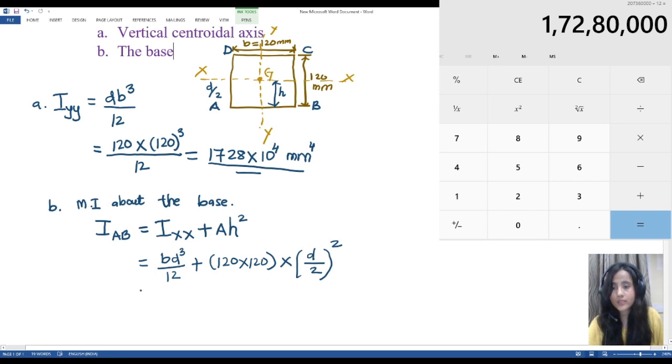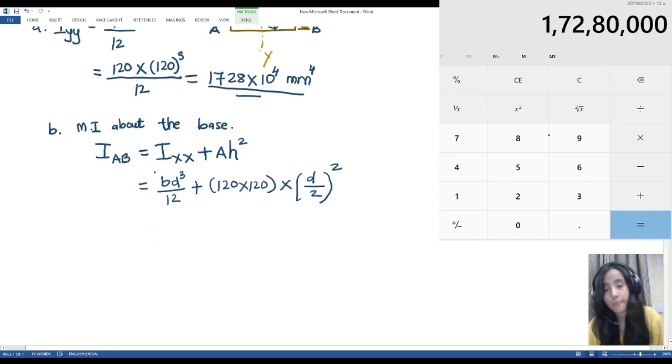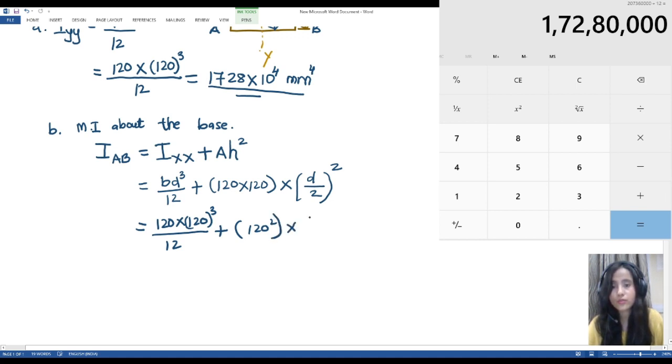So what do I get? I'll further get 120 into 120, d is 120 cube by 12 plus 120 square into, how much is my d? D is 120 divided by 2 square.